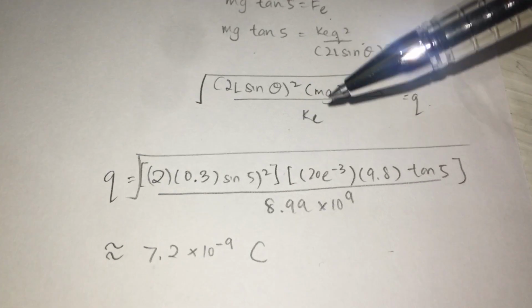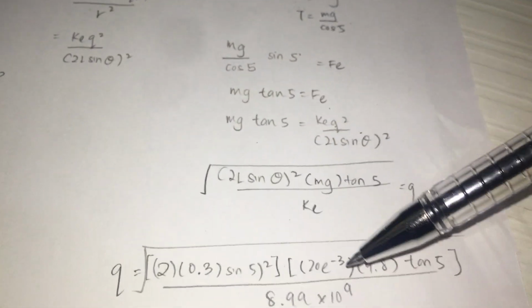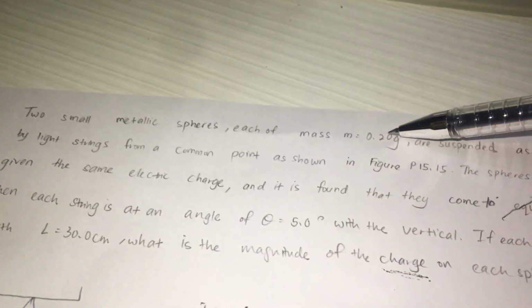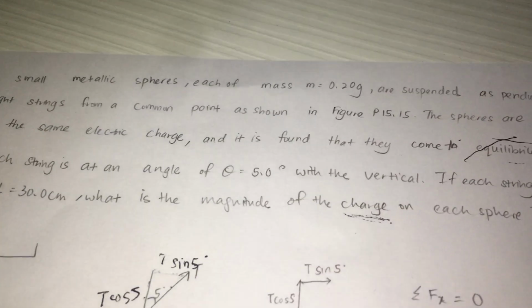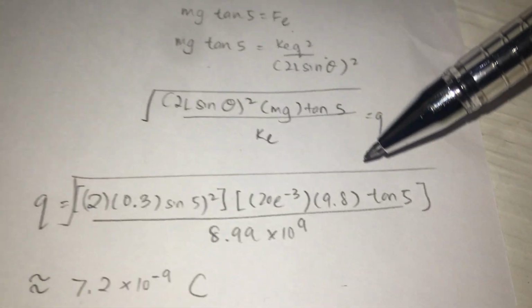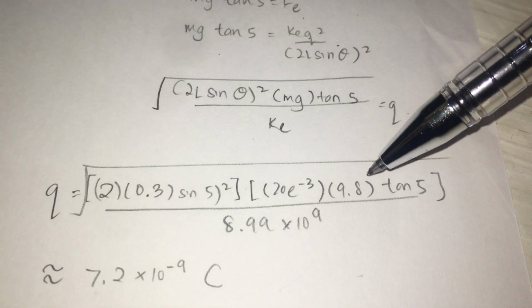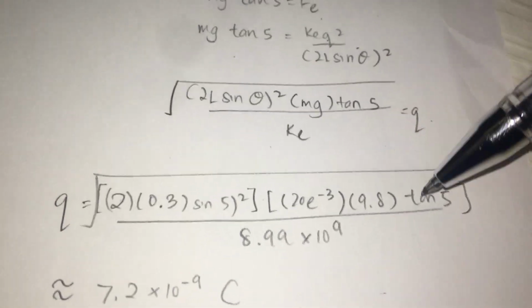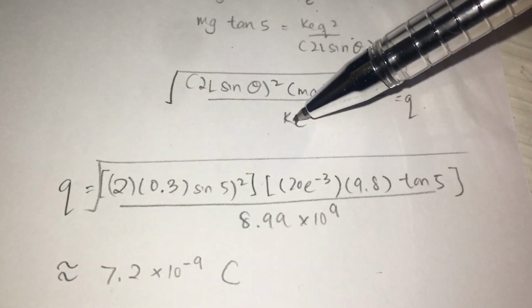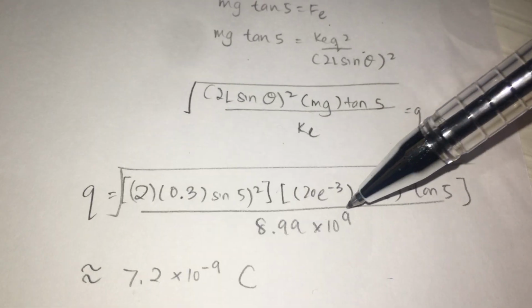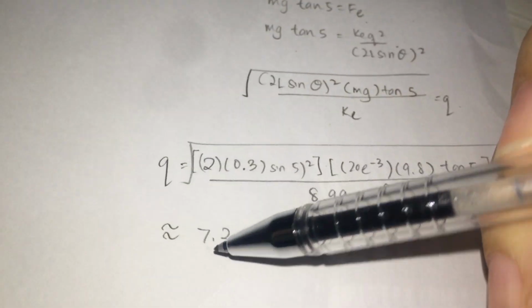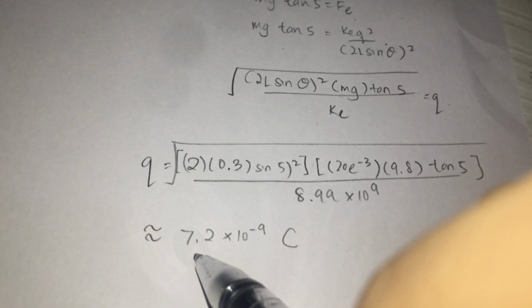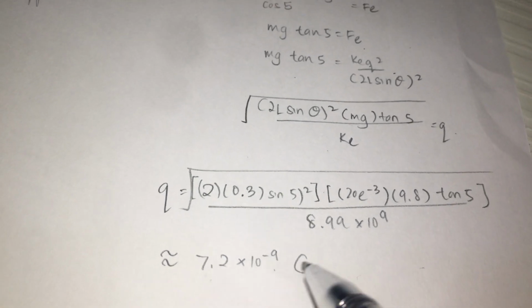Sine 5 squared, and then this one is 20 exponent negative 3. The mass should be in kg, therefore you need to remember that. And also gravitational acceleration is 9.8, then over the constant Ke, which is 8.9 exponent 9, and you'll get your answer approximately 7.2 exponent negative 9 coulomb.